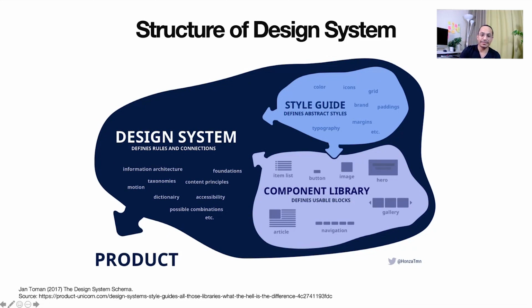Along with that, it also includes information architecture, taxonomies, and motion. If you're planning to use some motion in your design, you can define that here too. Dictionary also, possible combinations of many of these things, accessibility, content principles, foundations. So all these things placed together at one place make up your design system.